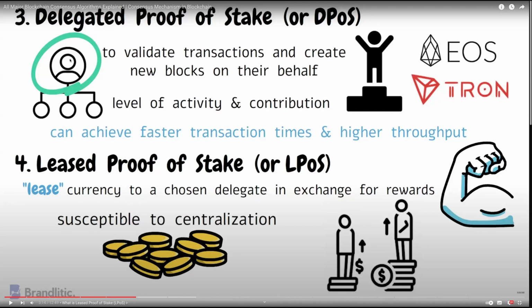In leased proof of stake, what happens is, as we're discussing, buying a lottery ticket. Consider when there is a large number of people buying lottery tickets, the probability of you getting chosen also decreases.